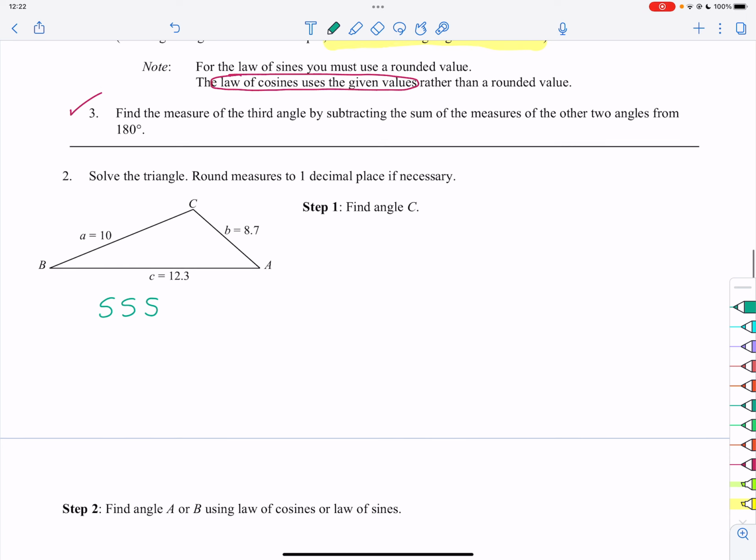So now, step one, we're going to find angle C. And why are we starting there? Angle C is opposite the largest side, or you could say longest side.